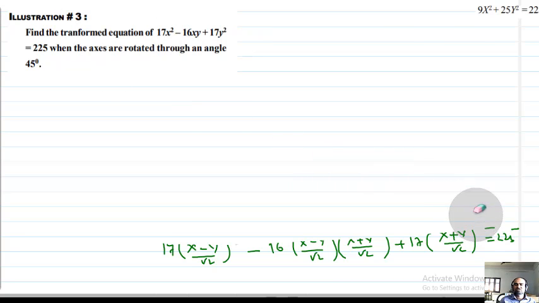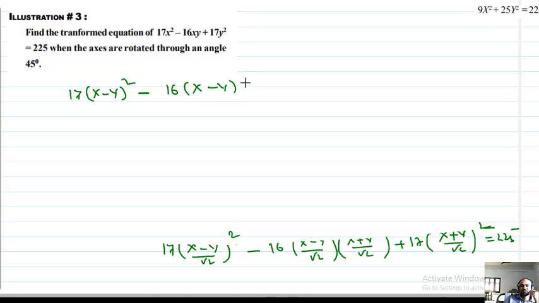Okay students, listen, here the square is there, here also the square is there. 17 into (X minus Y) whole square by 2, minus 16 into (X minus Y) into (X plus Y) by 2, plus 17 into (X plus Y) square by 2. Transfer the 2 to the other side, 2 into 225.